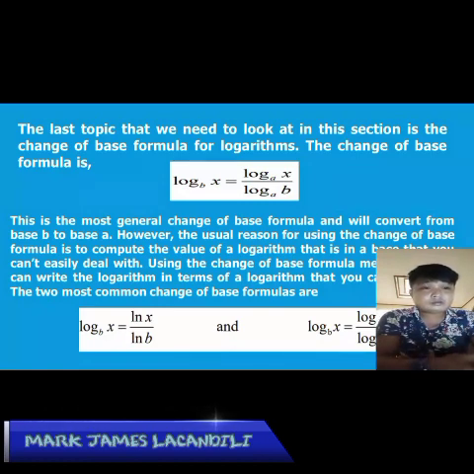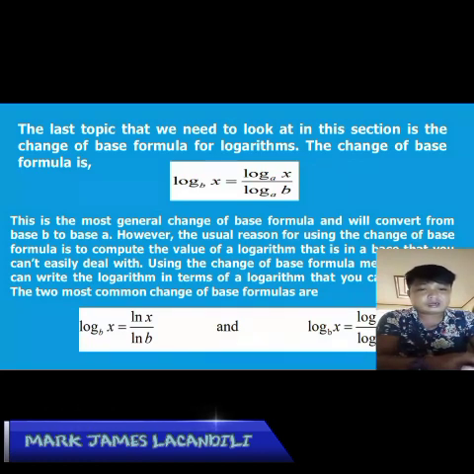However, the usual reason for using the change of base formula is to compute the value of a logarithm that is in a base that you can easily deal with. Using the change of base formula means that you can write the logarithm in terms of a logarithm that you can deal with.